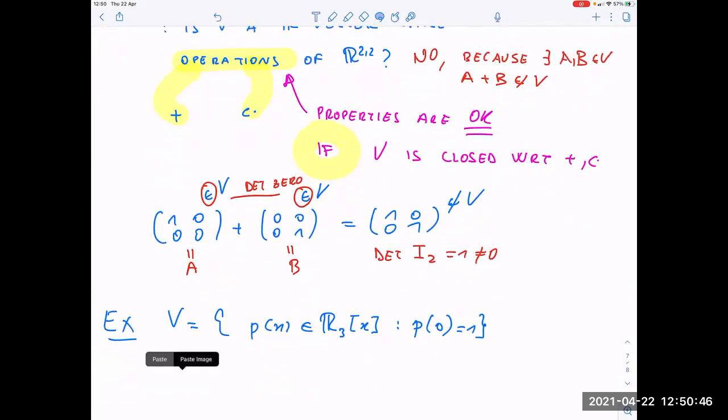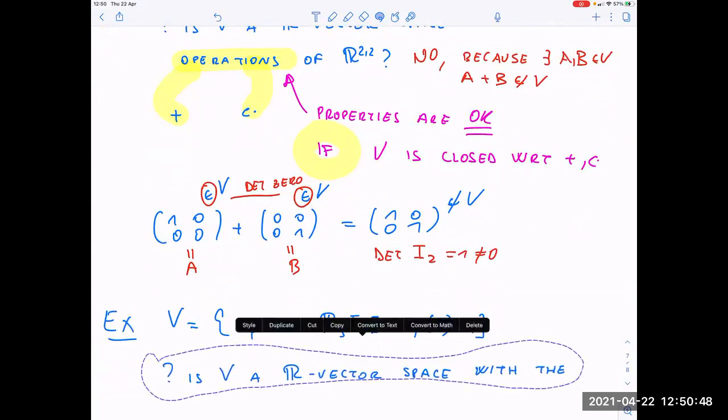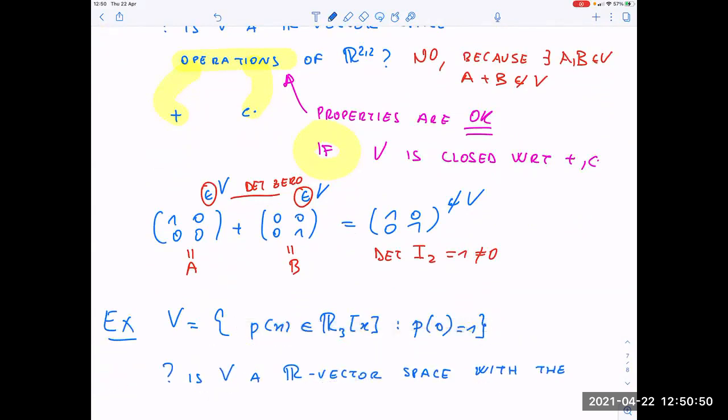Sorry, is this a vector space with the operations of polynomials? And again, you only need to check about what. Let's see if you know what you have to check and if you can decide whether it is or it is not a vector space.